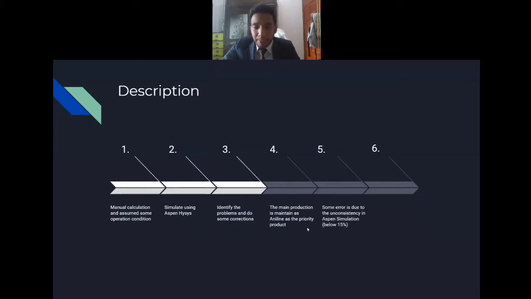When we ran the process in the Aspen HYSYS simulation, there was some error due to inconsistency in the Aspen simulation, but overall it has only below 15% error. And lastly, we move on to the heat integration.